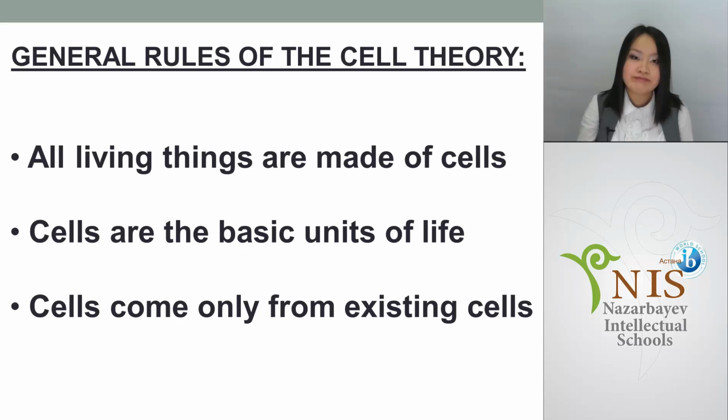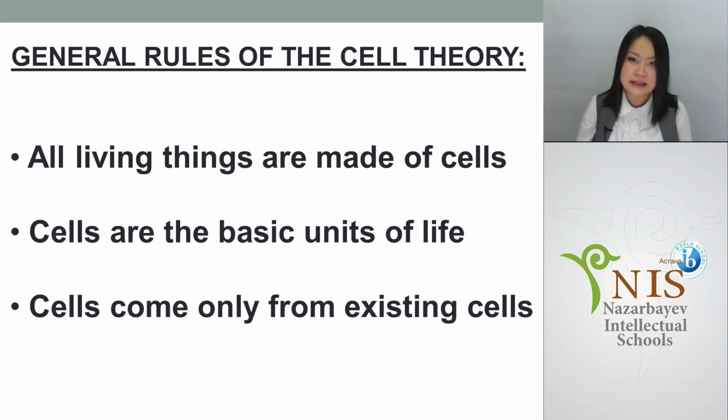The next rule of the cell theory is that cells are the basic units of life. This is clear, yeah? All unicellular and multicellular organisms consist of cells. It is like little pieces of a big building or a big mechanism.